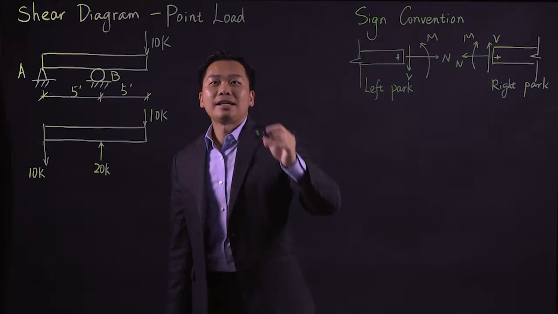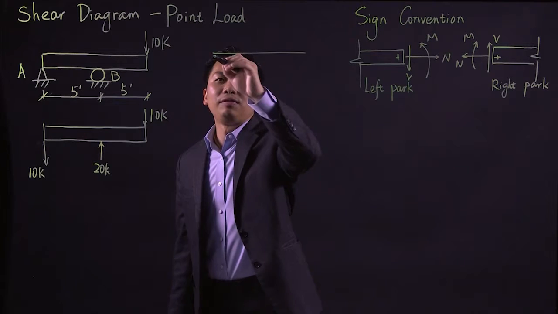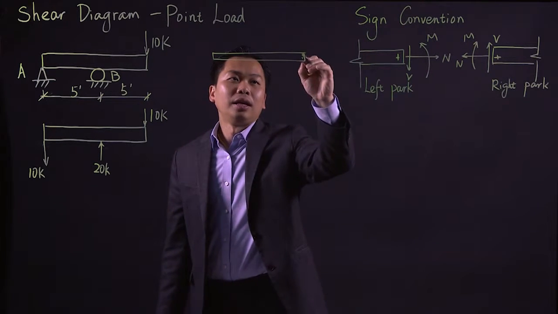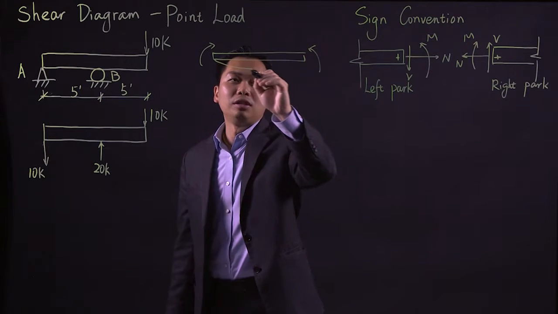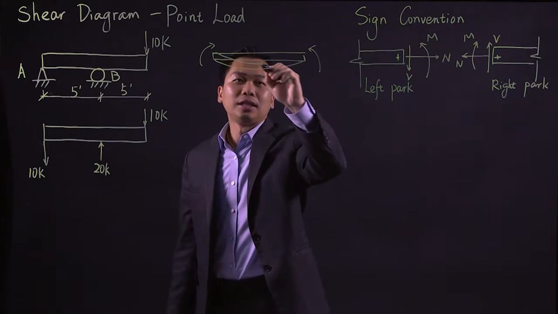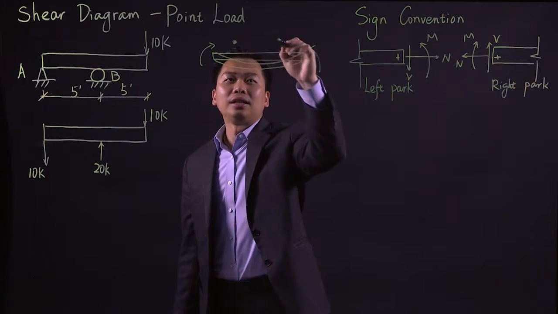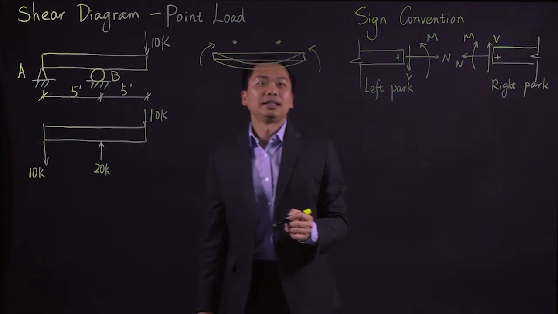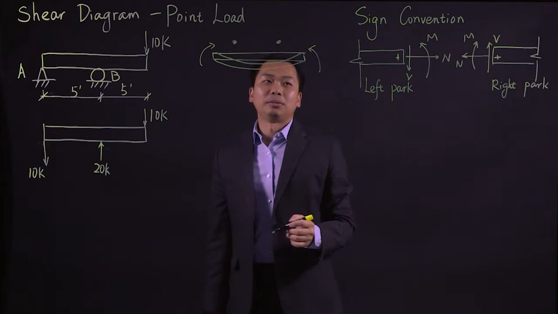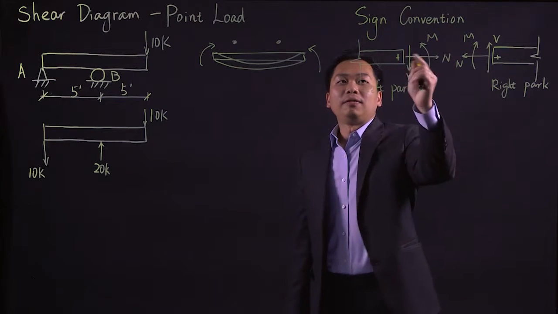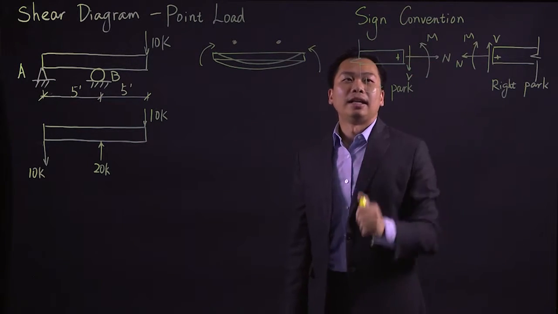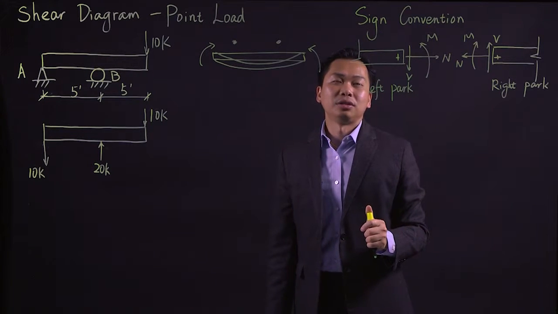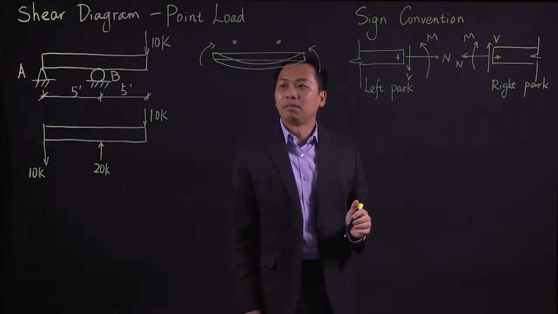What do I mean by that? If you have a moment and your beam is deformed like this, and if you look at it and it is smiling, that is your positive moment. Same thing, if you move clockwise, that is making your beam smile, and that is your positive moment.